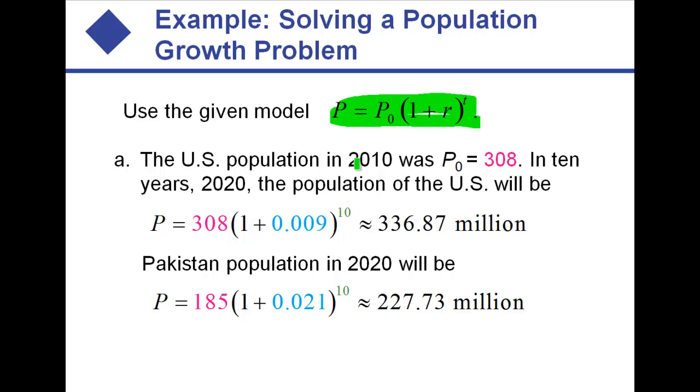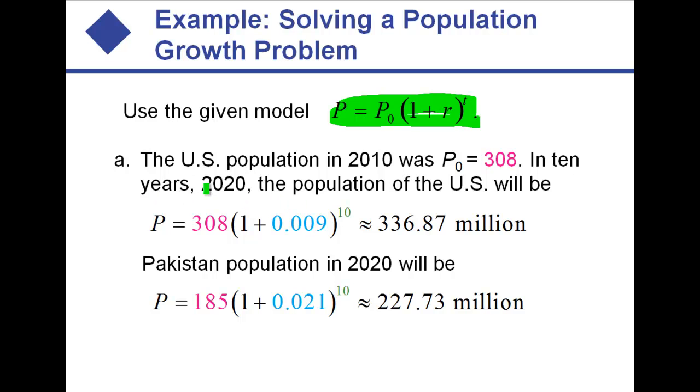They told us that in 2010 the population was 308 million. So there's our initial population. And then the growth rate they gave us, right, 0.9%, so there's 0.009.